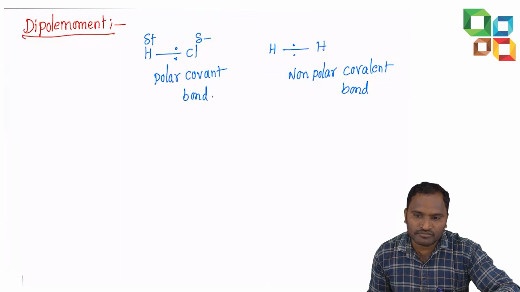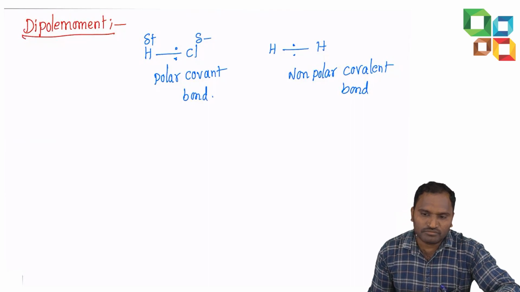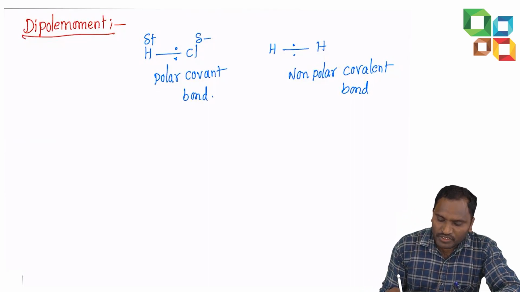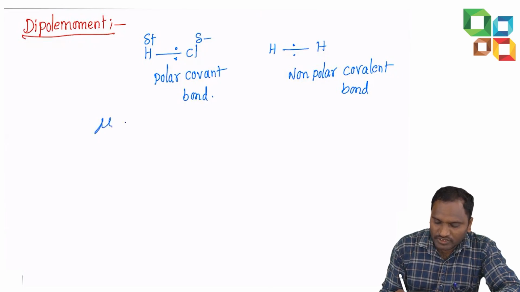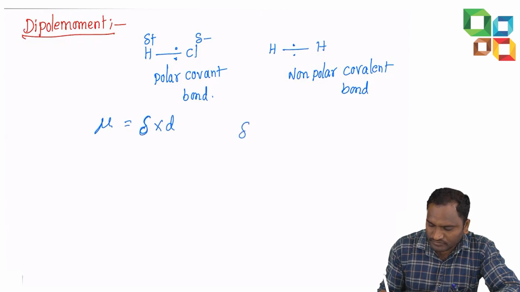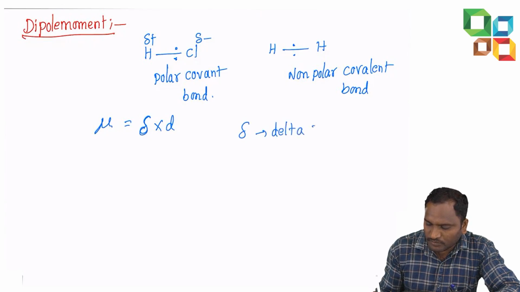Dipoles, poles have to form a dipole moment. So now this dipole moment is represented with mu. It is the product of the magnitude of charge, delta. This representation is delta. It represents the magnitude of charge.